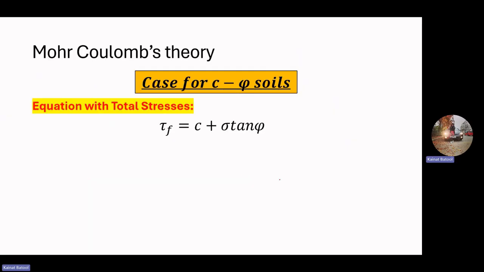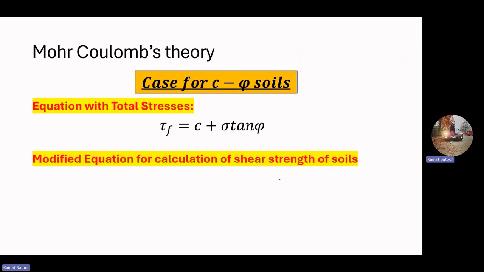Now this equation was presented by Coulomb from the perspective of total stresses. Another scientist, Mohr, came in and made some modifications, and he said that no, you cannot apply it to the total stresses. You have to apply the equation for the effective stresses. What are the effective stresses now? Sigma dash is equal to total sigma minus pore water pressure.